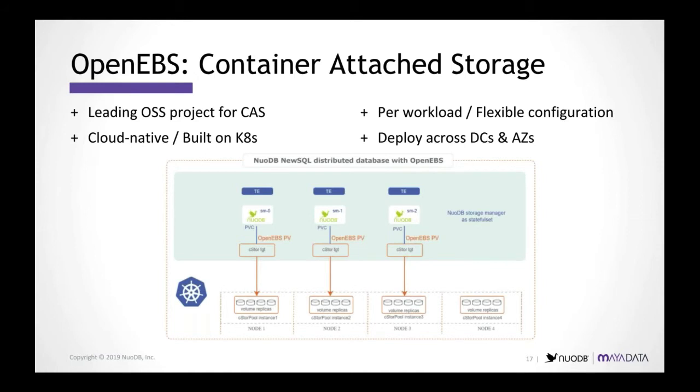As I said, it's currently the leading open source project in a new category. We created container attached storage. OpenEBS itself is also cloud native and built on top of Kubernetes, using Kubernetes as an orchestrator, like all the applications it supports.